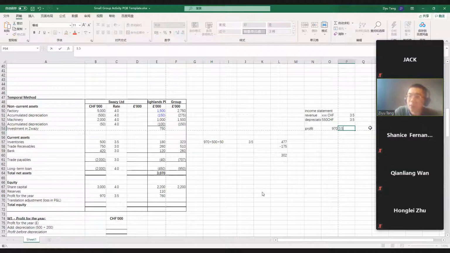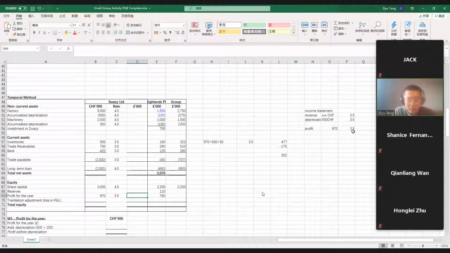So therefore, the profit can be translated by the rate 3.5. If we directly use profit 970 divided by 3.5, we get 277, right? But that means the depreciation we used to calculate profit is also divided by 3.5.